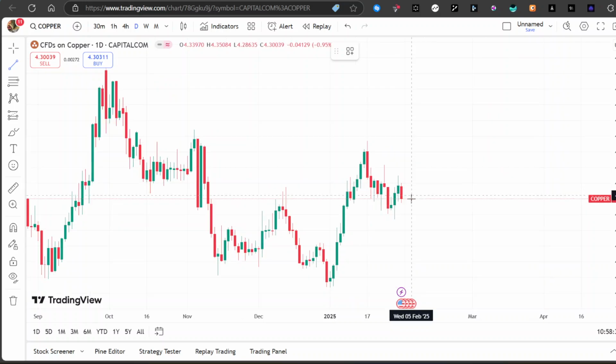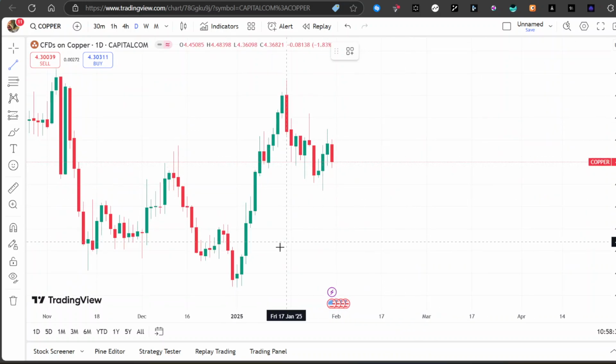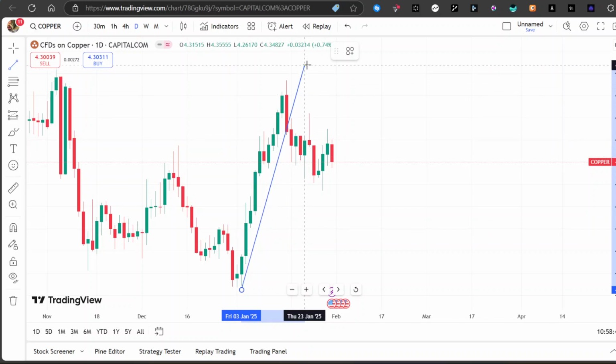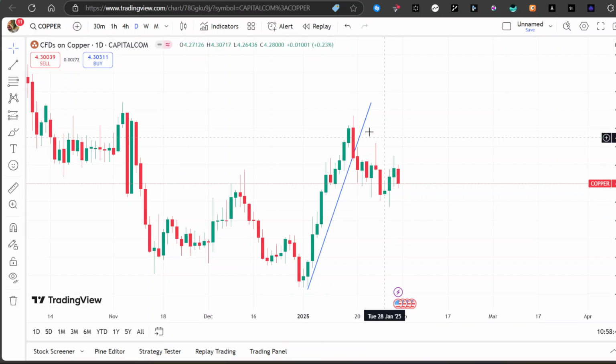Considering the current trend, we will notice that we actually have a wider bullish trend. But then after this bullish trend was broken, you can see the recent price activity. The first thing is to identify the trend. Here we can see that we had a bullish trend, but there was a breakout to the downside.